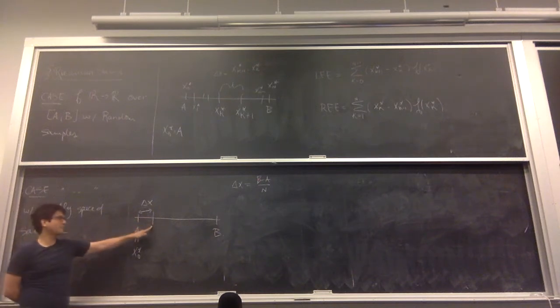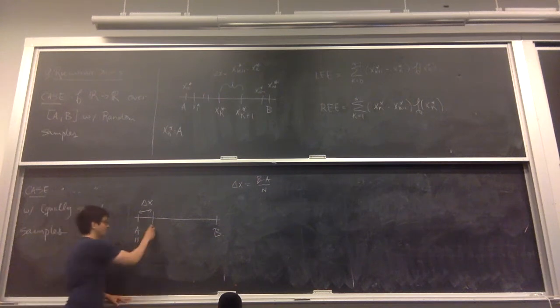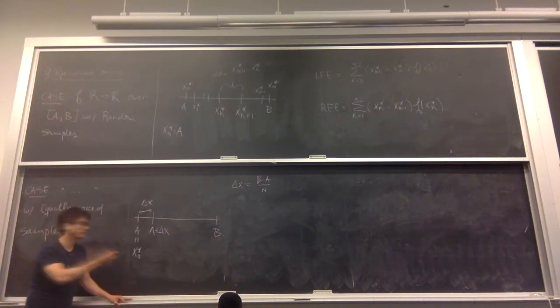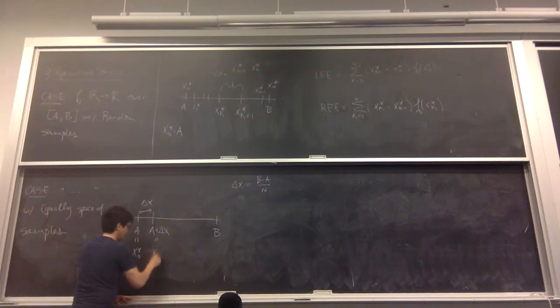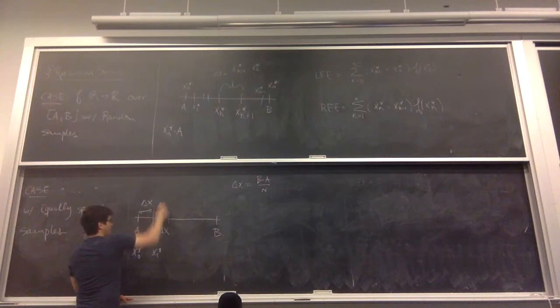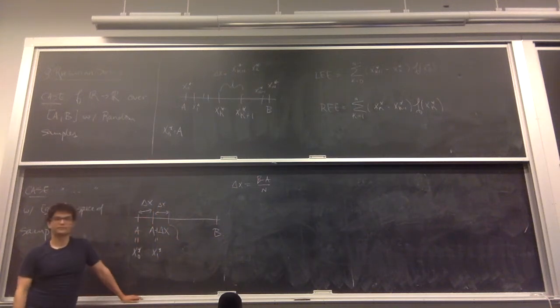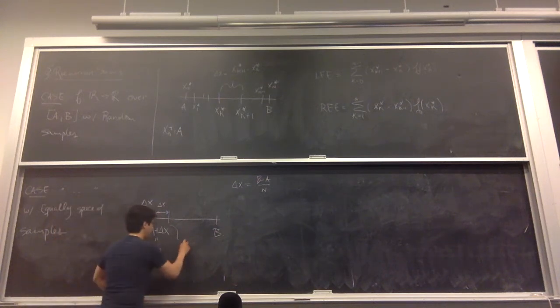I know that this next point is delta x away from it. So delta x plus a. Yes? Let's go more. So what's this point? Is it A plus 2 delta? A plus 2 delta x.